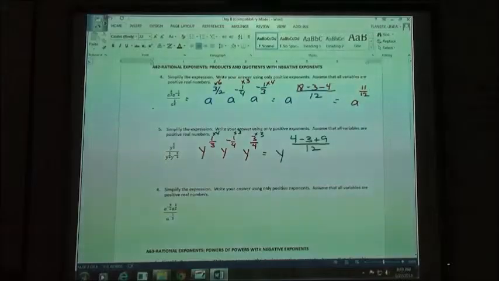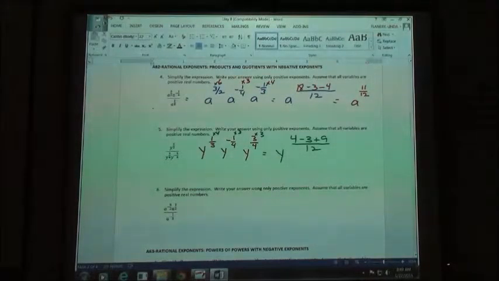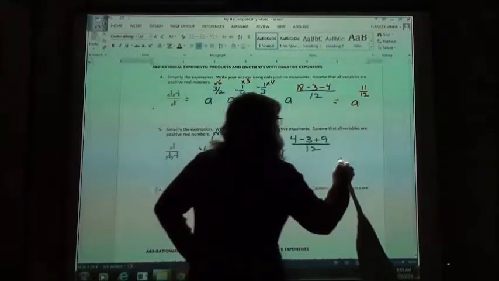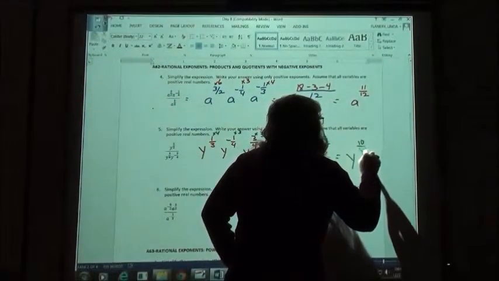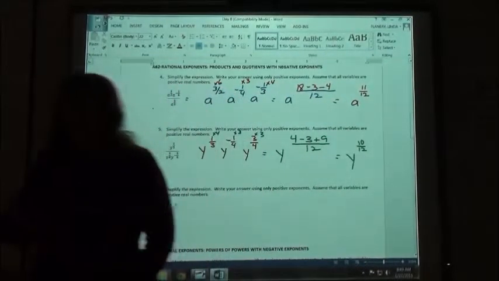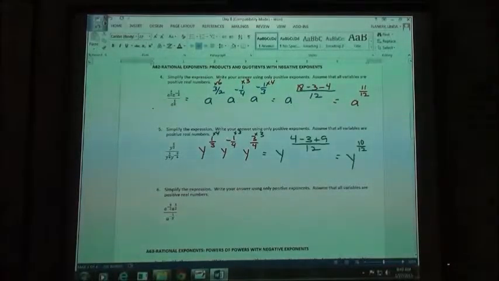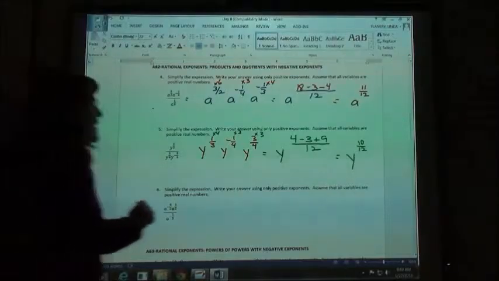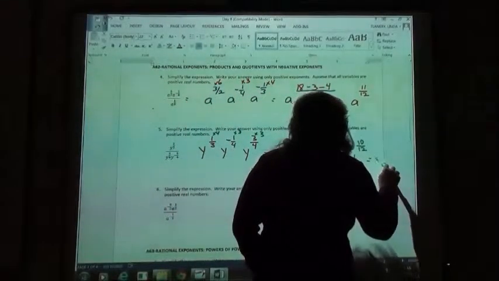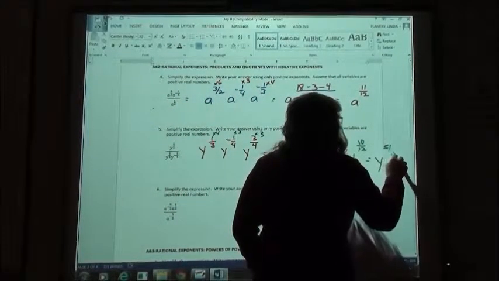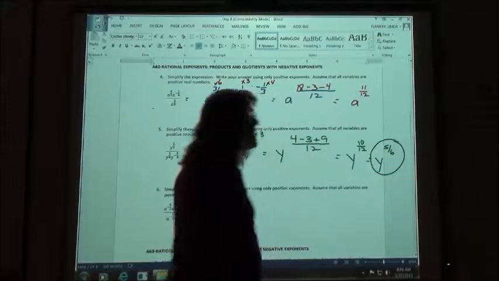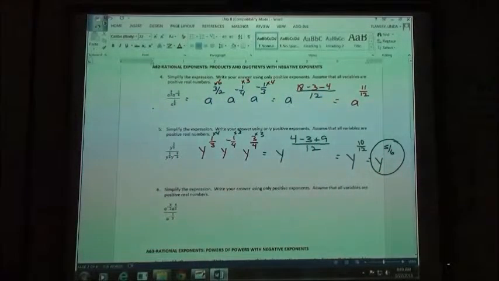So 4 minus 3 plus 9 gives me y to the 10/12, but we know that with fractions, we always want to simplify them, and we can reduce that down, right? If we reduce that down, we get 5/6. So y to the 5/6 power is my answer.